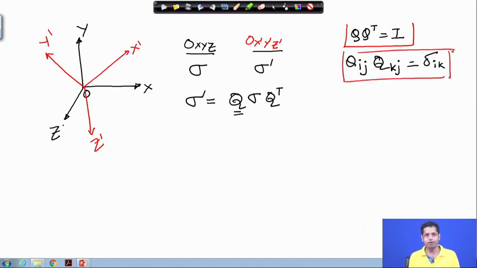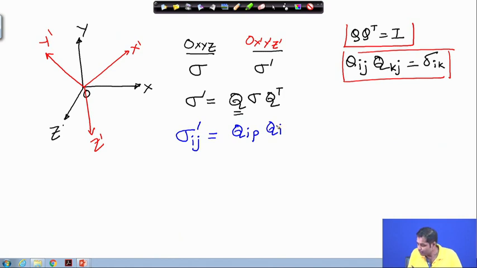Similarly, if I write this transformation in indicial form, sigma dash_ij, the ij component of tensor sigma dash, will be equal to Q_ip. Please verify this, don't take this for granted.